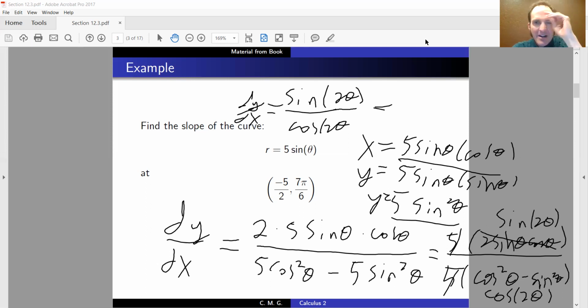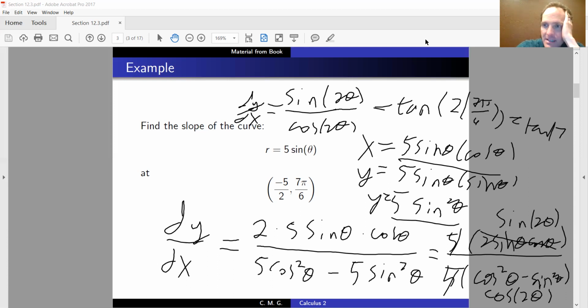And now from there, I plug in my 7 pi over 6. In particular, I could even just do this as tangent of 2 times 7 pi over 6, which is the same as tangent of 7 pi over 3. And then I can go from there. This is just going to be the square root of 3.